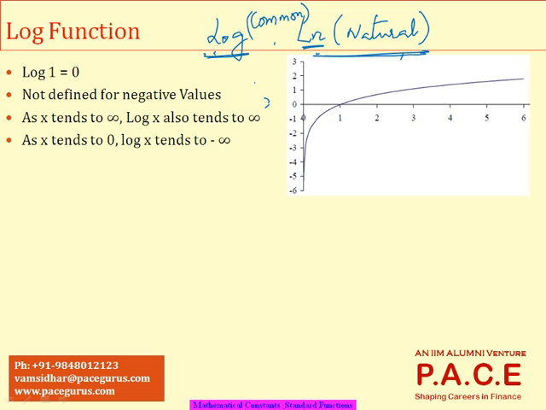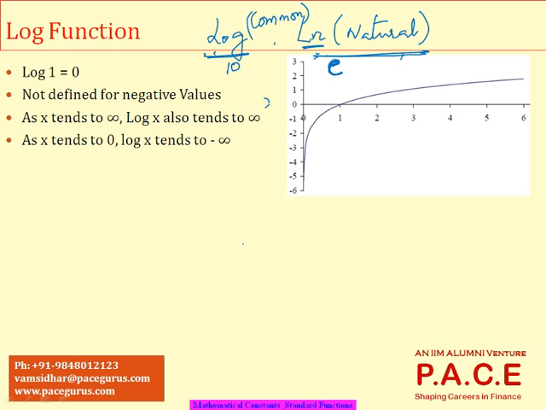The difference between the two is that the first one uses 10 as the base, whereas the natural logarithm uses e as the base. e, the exponential, is 2.718. 2.718 is used as the base for the natural logarithm, whereas 10 is the base used for the common logarithm. But whatever the base, whether natural or common, as far as this particular graph shape is concerned, we are not much bothered.